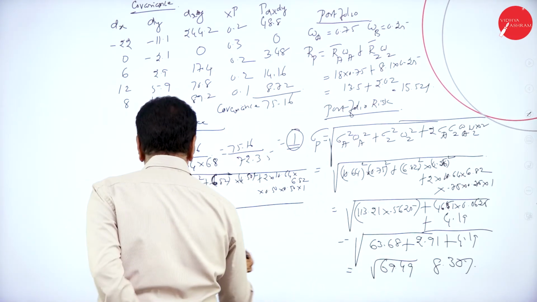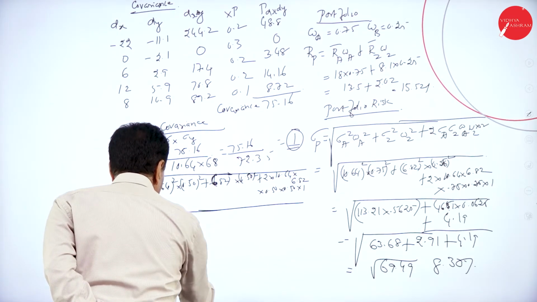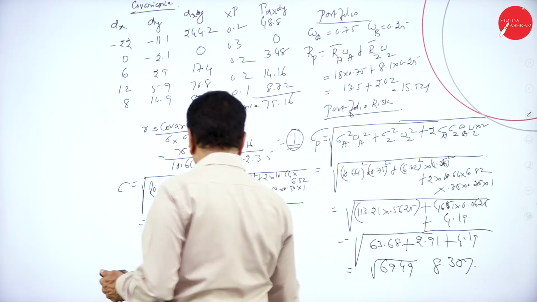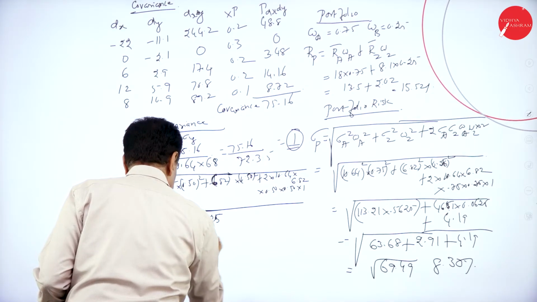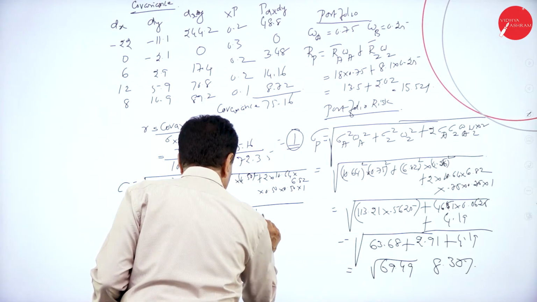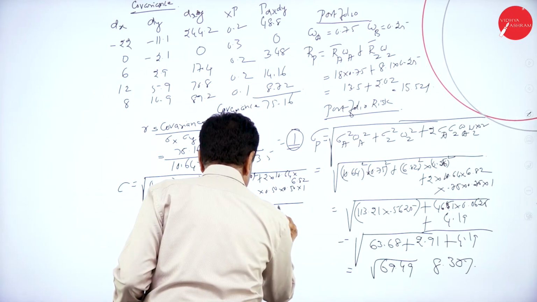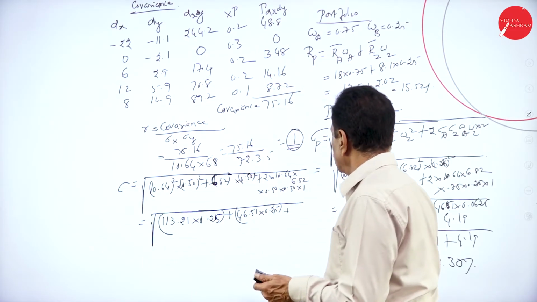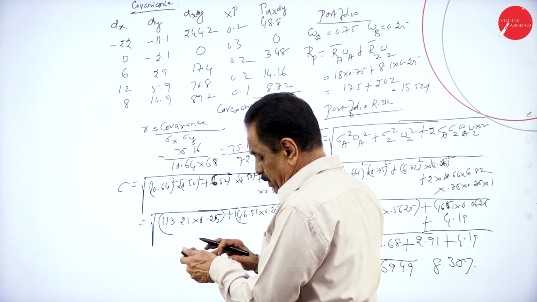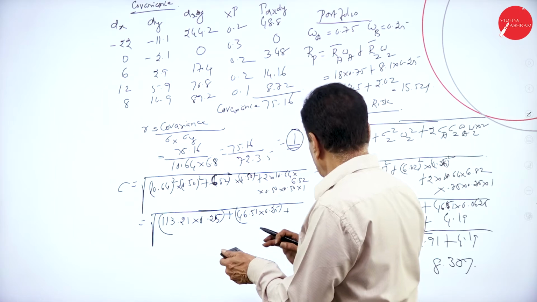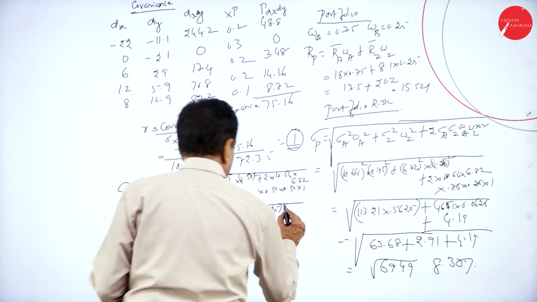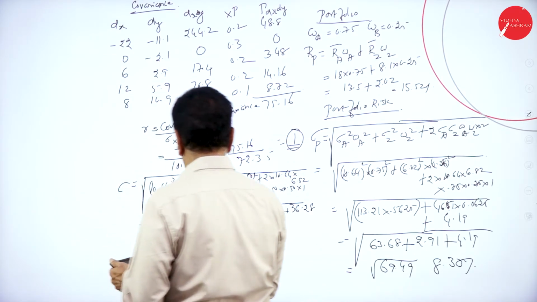10.64 into 10.64 is 113.21 into 0.50 into 0.50, 0.25, plus 6.82 into 6.82, 46.51 into 0.25, plus 2 into 10.64 into 6.82 into 0.50 into 0.50, 36.28. So simplify this.